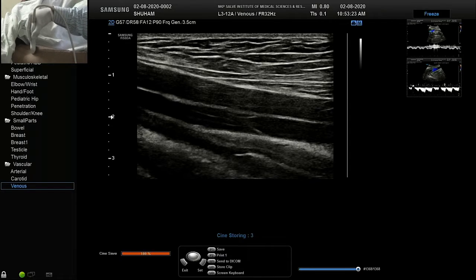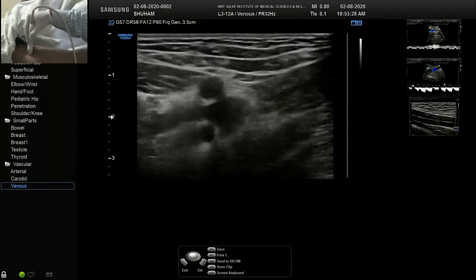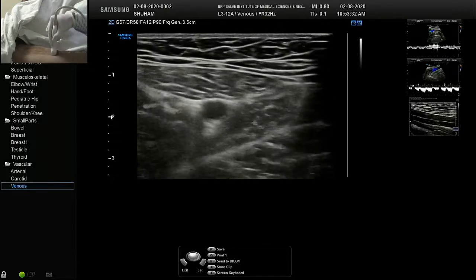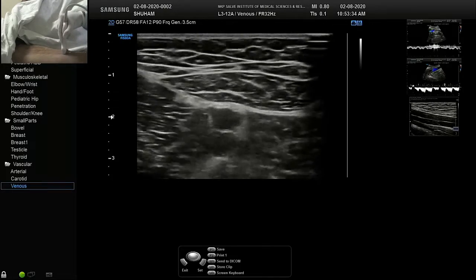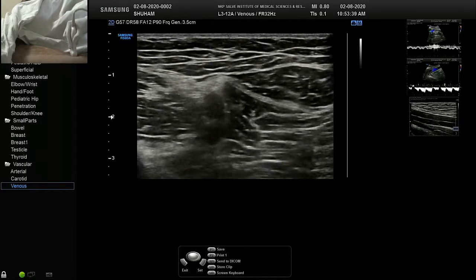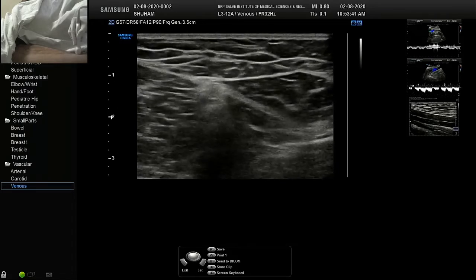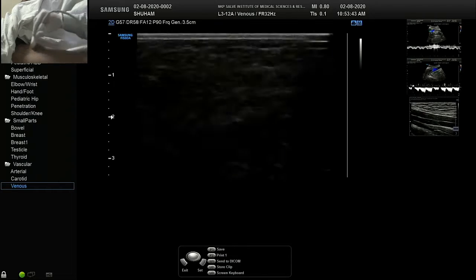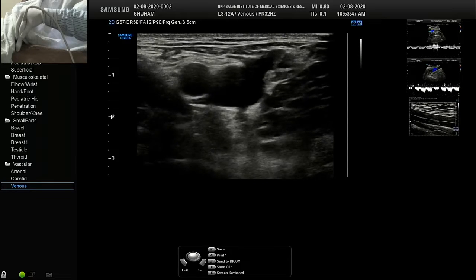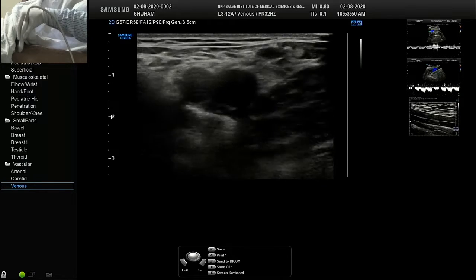So we'll go back to the transverse section. So quickly we assess the compressibility. Let's say at every 5 to 10 centimeters you can compress the vein and confirm that there is no deep vein thrombosis right up to the adductor compartment. So we have confirmed the vein is patent as far as B mode findings are concerned.